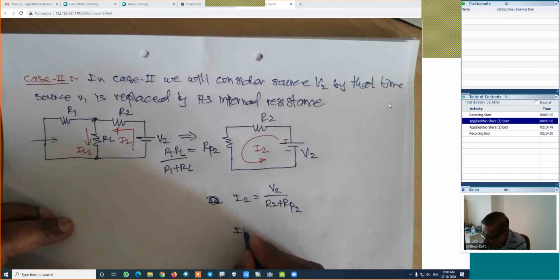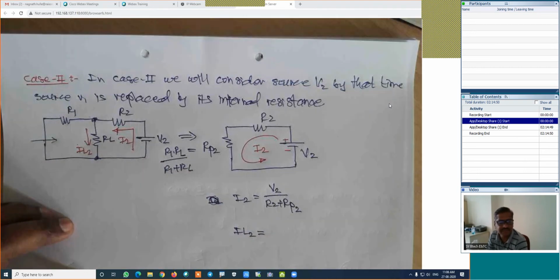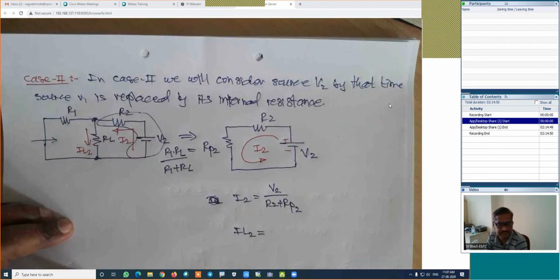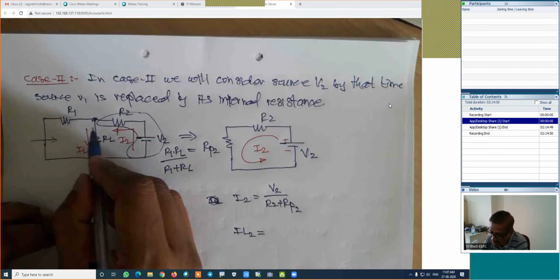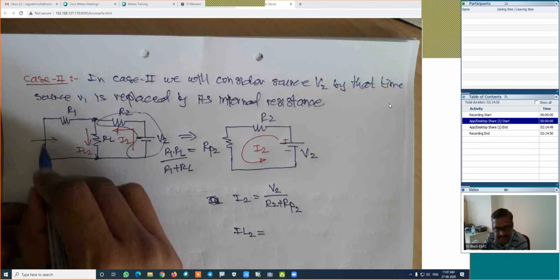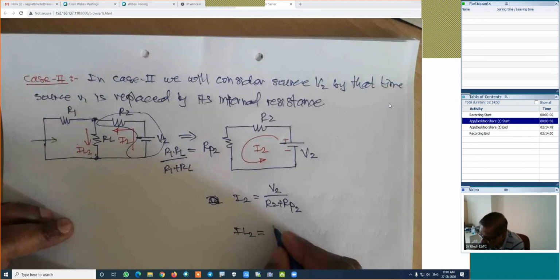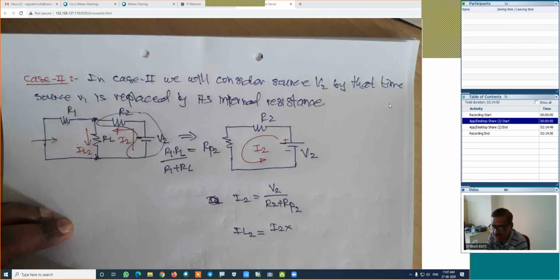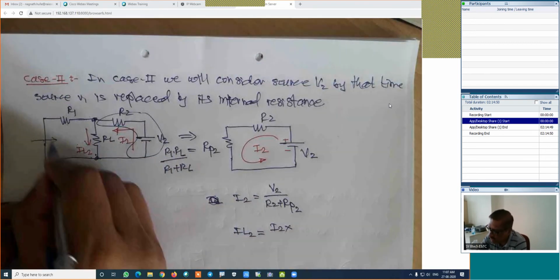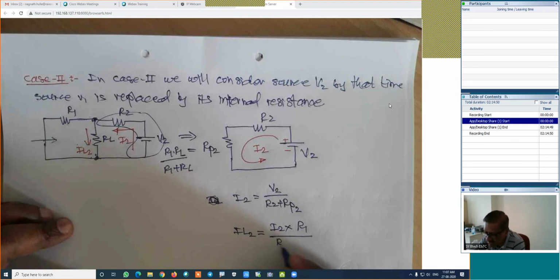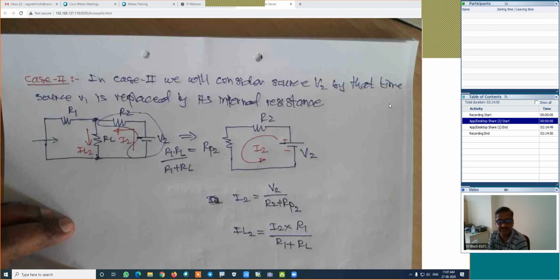Use the current division rule. We are interested in the current in this branch, so the opposite branch will be this. IL2 is equal to total current I2 into the resistance of the opposite branch, R1, divided by the resistance of both branches, R1 plus RL. This is the formula, and we are able to find out its current.